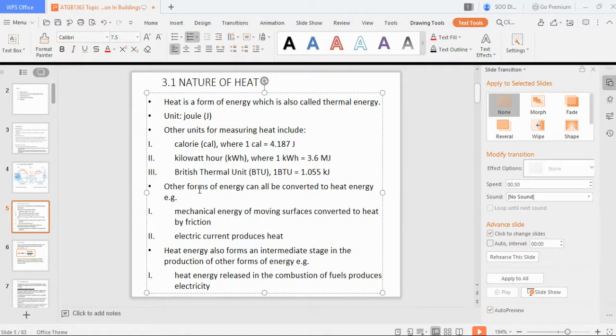All these forms of energy can be converted to heat energy. An example is the mechanical energy of a moving surface converting to heat by friction, or electrical current which produces heat. So that's why you have different units of measurement for heat.